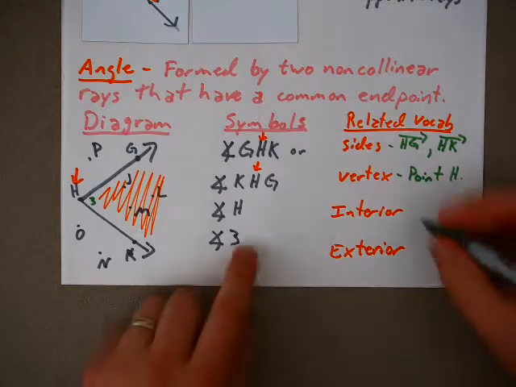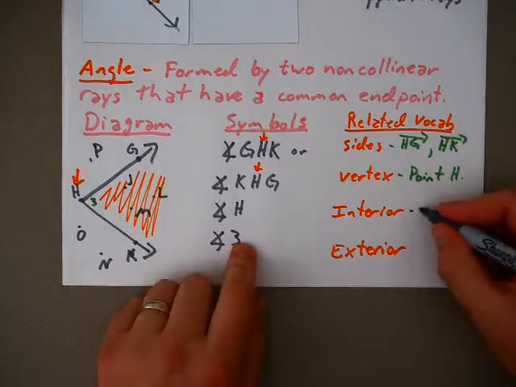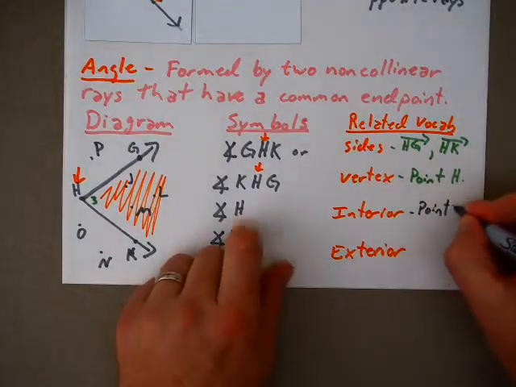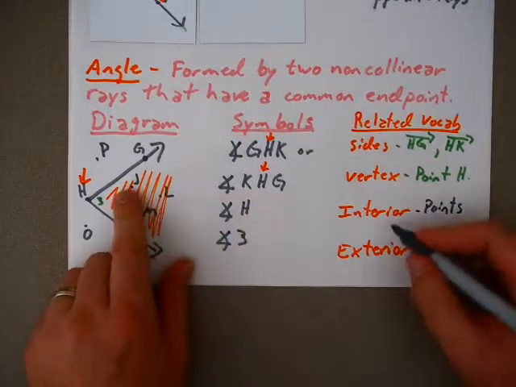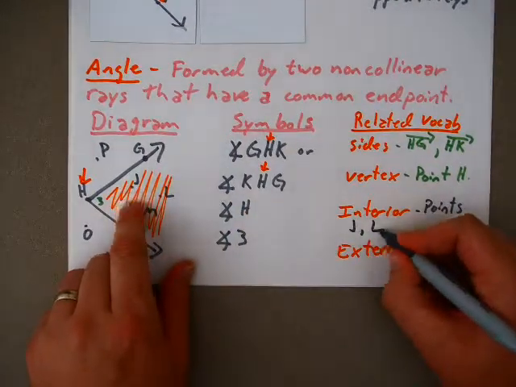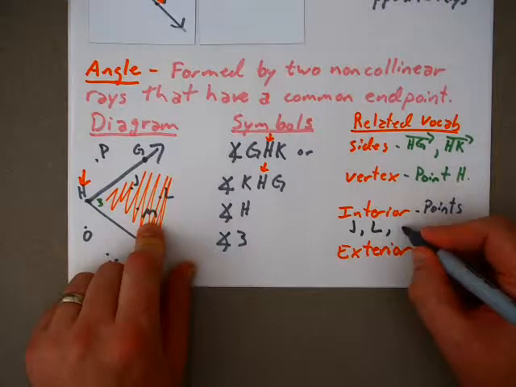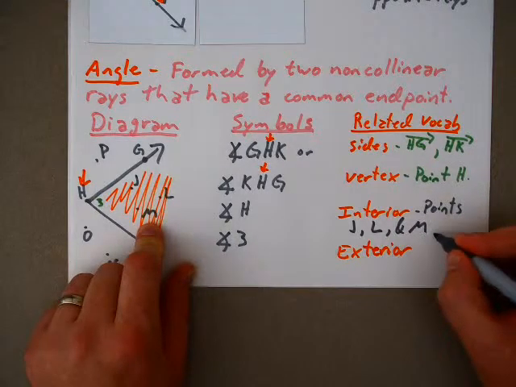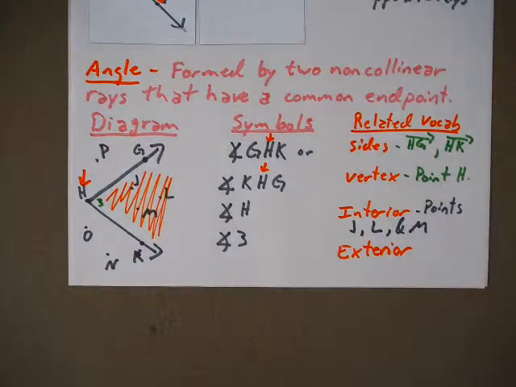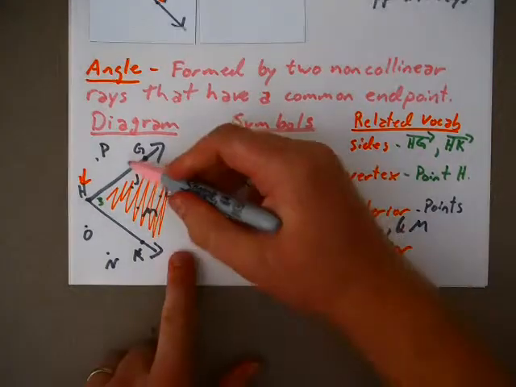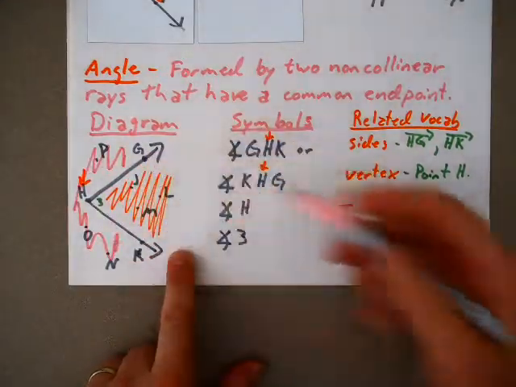And so we could say that we have points J, L, and M. And the exterior would be all these points out here.